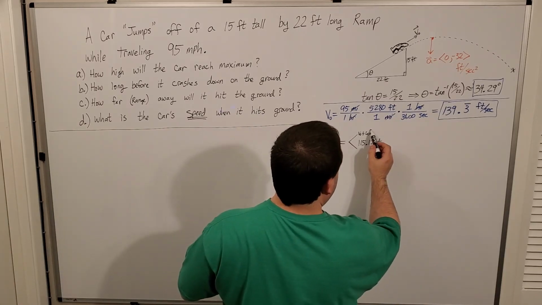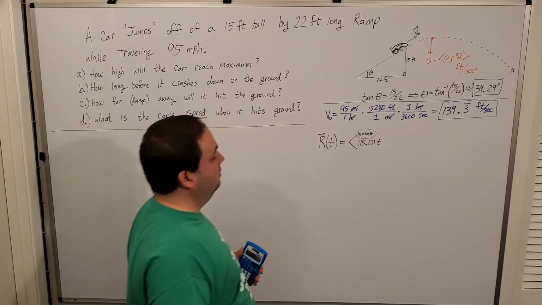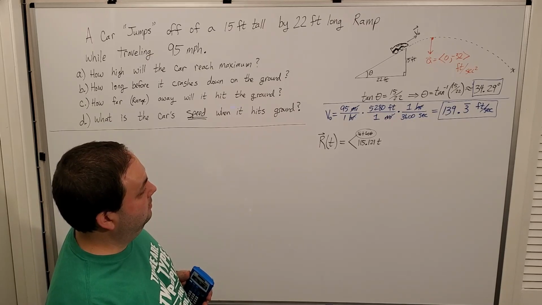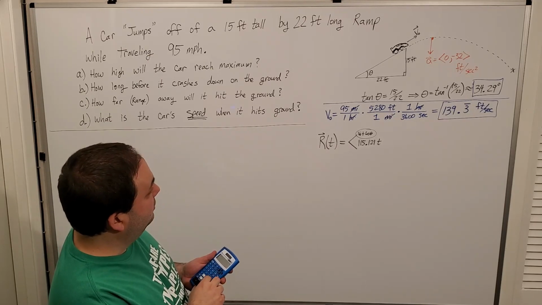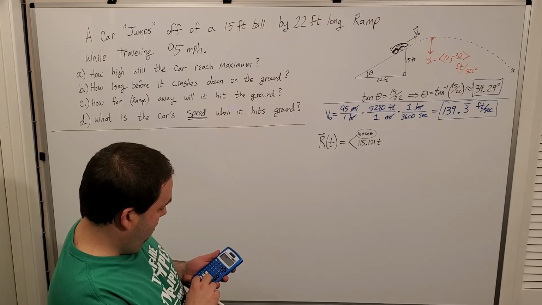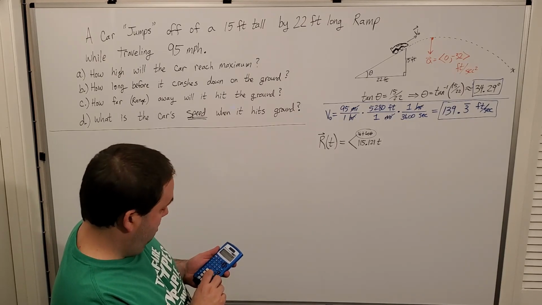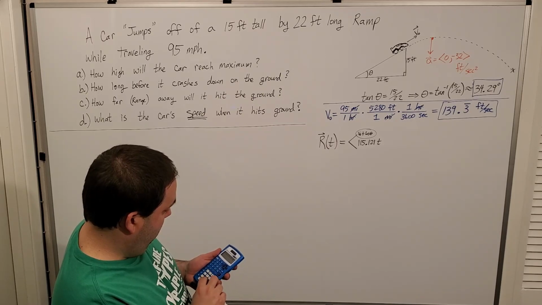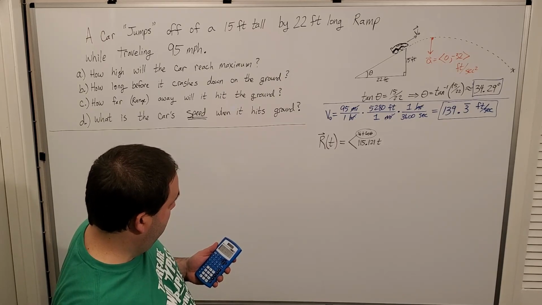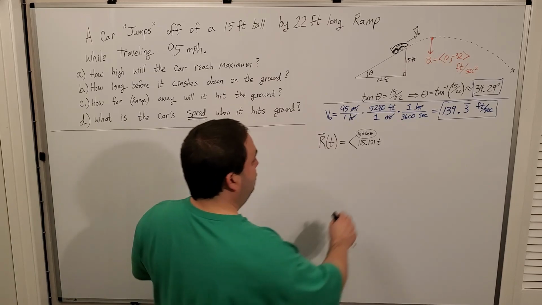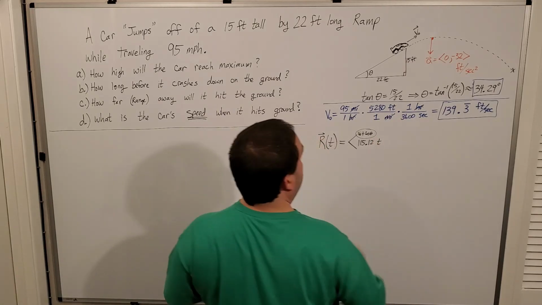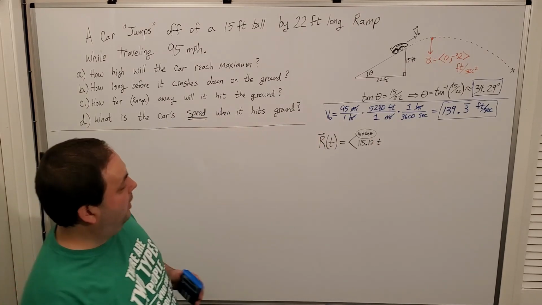Okay, so that's V naught cosine theta times t. Let me double check that real quick. 139 point bunch of 3s times cosine 34.29. Yeah, that'll work. We'll just do 0.12. Okay, comma.